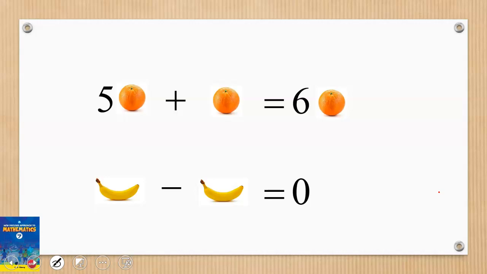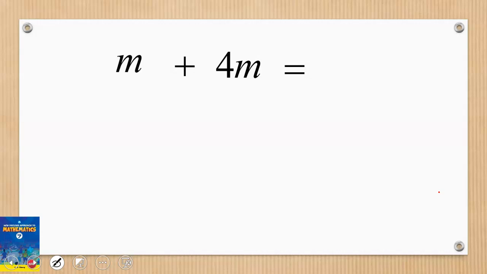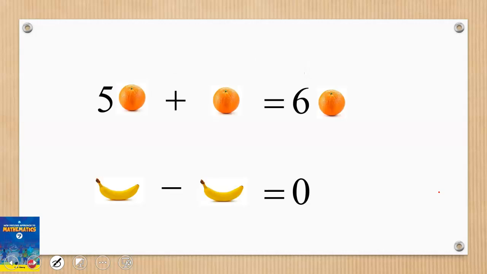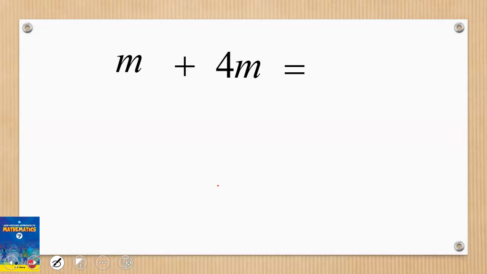All right, now let's translate this into variables. Here we can say banana minus banana, so b minus b. Here too, if I say 1 mango plus 4 mangoes, I'm going to write 5 mangoes. It makes sense, right?